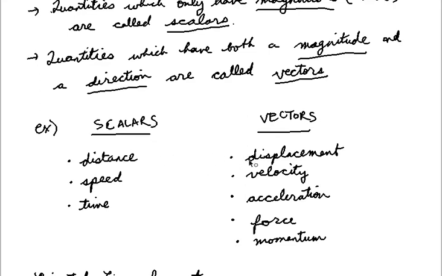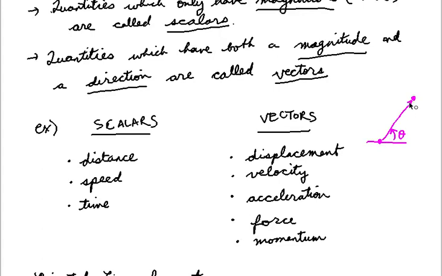So if I was here, and then I moved over to here, then I would say I have been displaced this length, in this direction, with this angle. So I've indicated a direction, and I've indicated how far I am from this original point. That would be an example of a displacement.